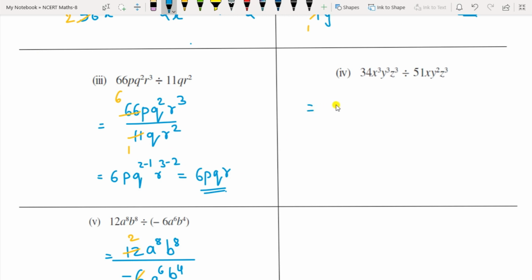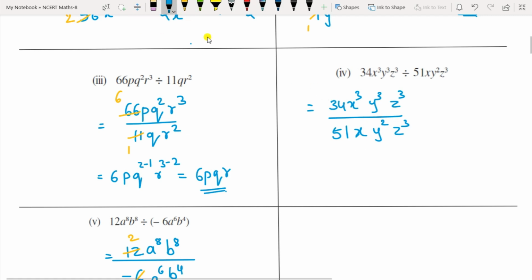Here it will be 34x raised to cube, y raised to cube, z raised to cube, the whole upon 51xy square z cube. Okay. Now you can subtract the variables directly in your mind. If you don't want to write like this, you can do it directly. Do the subtraction of the powers directly in your mind.